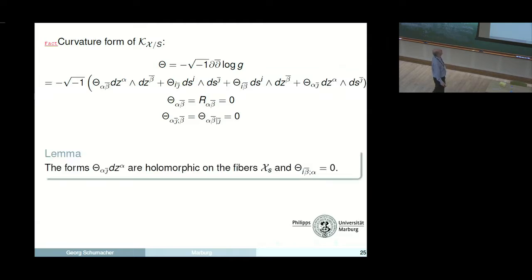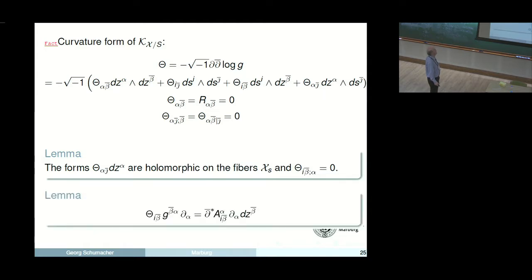And then we have this kind of lemma, and it says if the Kodaira-Spencer tensors which we constructed are harmonic, then these components are also zero, the holomorphic one forms or the 0,1 forms which occur are equal to 0.